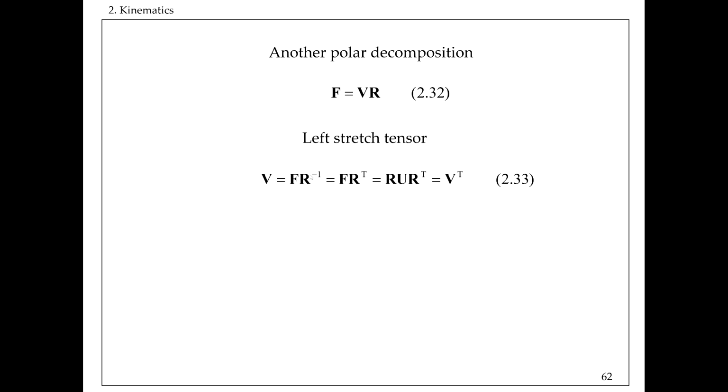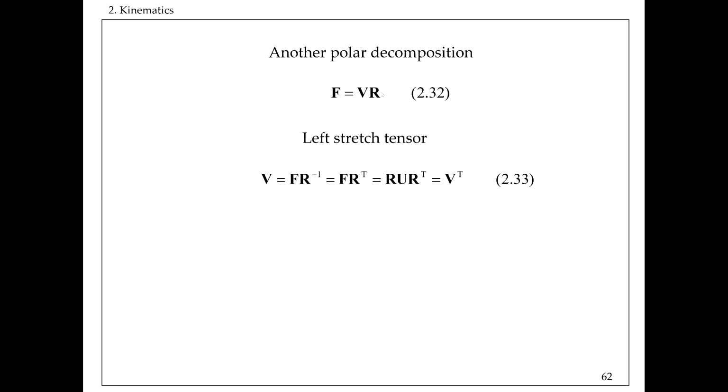The rotation tensor has certain properties. We just showed that it's an orthogonal tensor, so the transpose of that tensor has the same effect as the inverse. This is one of the properties, and so we can directly write this from 232.